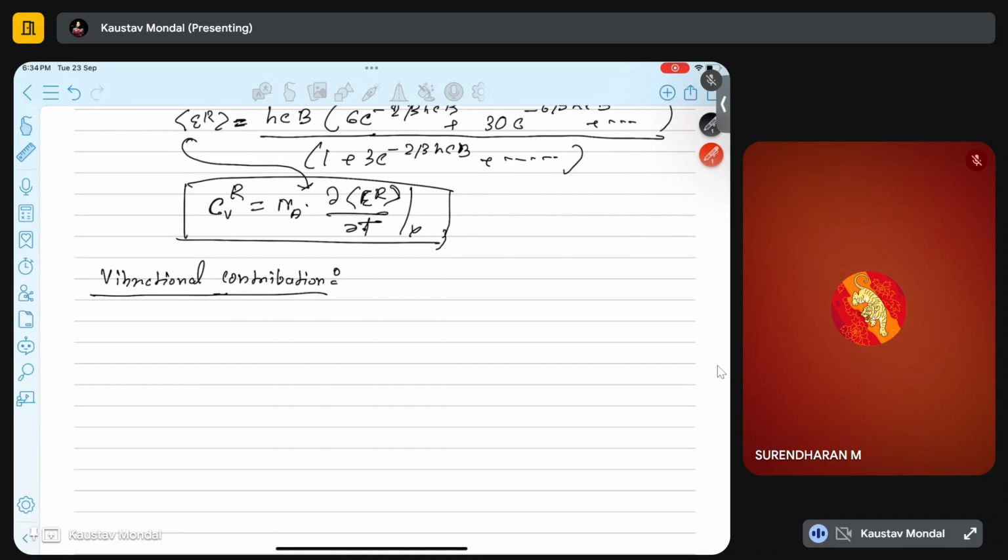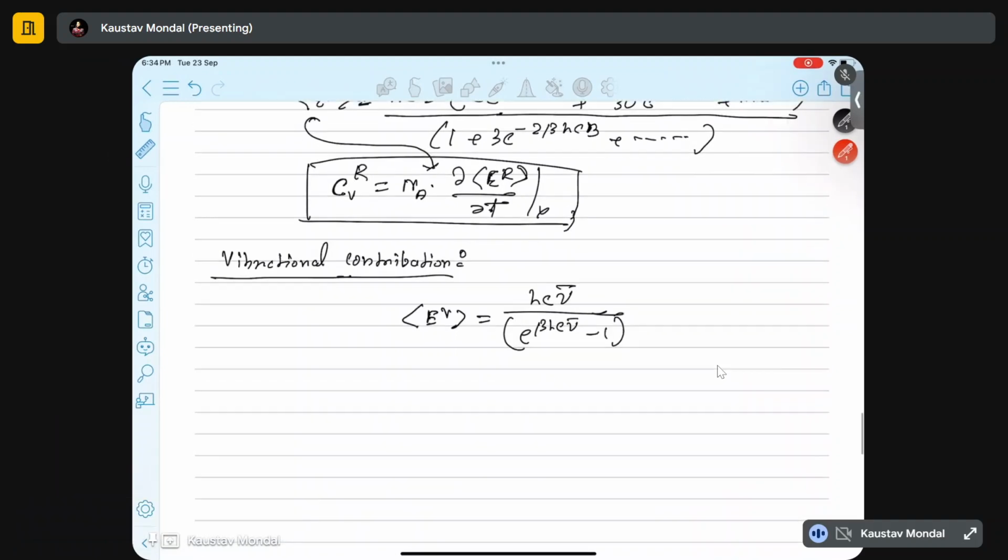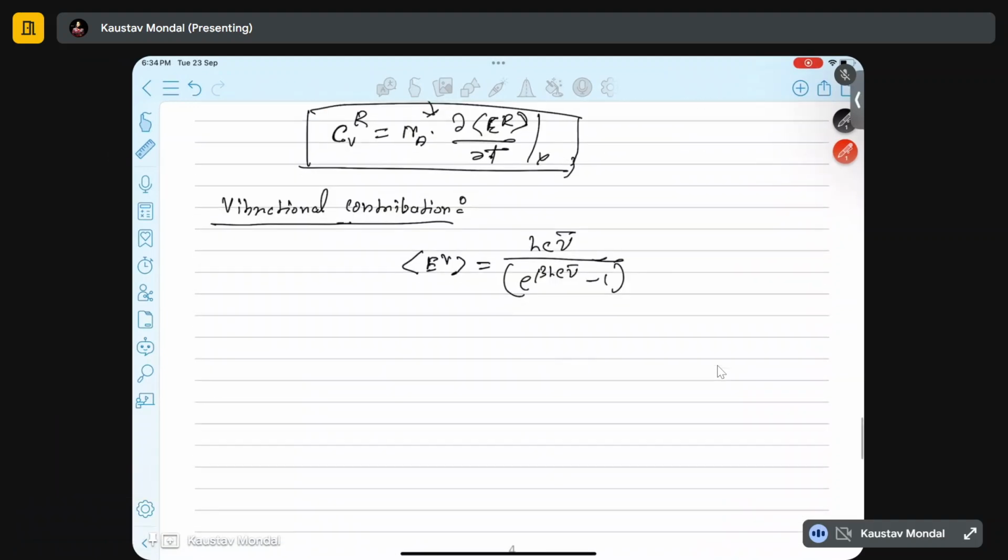In that case only the vibrational modes will become excited, right? In general, the mean energy for the vibrational contribution EV is simply Hc nu tilde by e to the power beta Hc nu tilde minus 1. So this is the general expression of the vibrational energy.